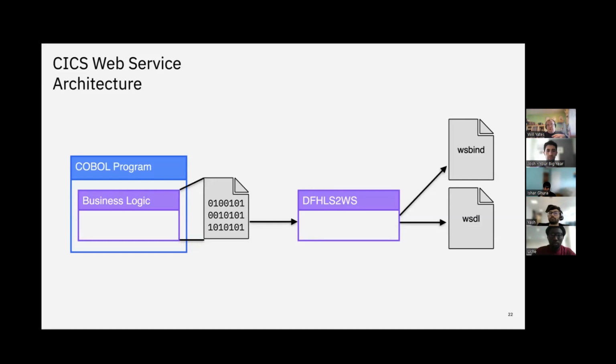And it would define all of the files and all of the configuration that CICS would need to be able to transform an XML SOAP message that applied to that WSDL and convert it into a COBOL data structure that the program could understand. And then do the same in reverse. When it got that data structure, convert it back into XML and send it back over HTTP. A very simple architecture. It actually internally meant a whole load of changes.